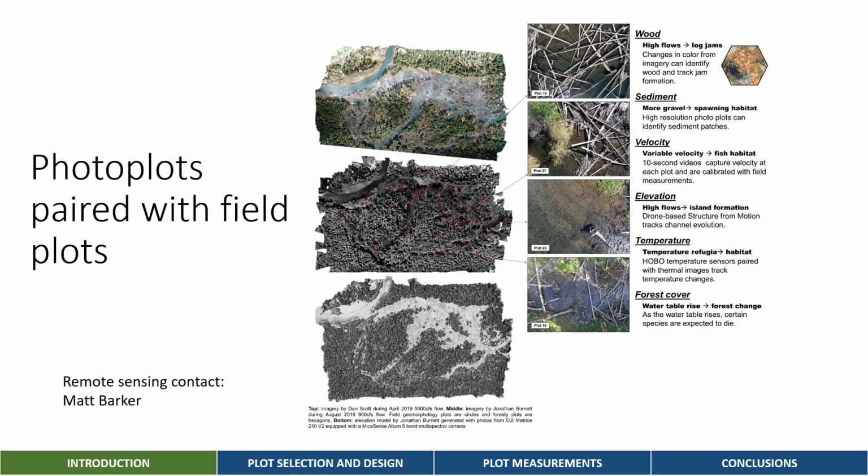And lastly, I'll just mention that we had a thermal camera on our drone, and capturing this temperature data of just the surface of the water from the drone, that can be compared to the temperature data that we get from hobo temperature sensors that we installed at each geomorphic field plot.